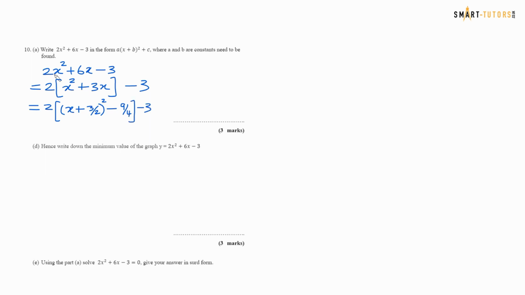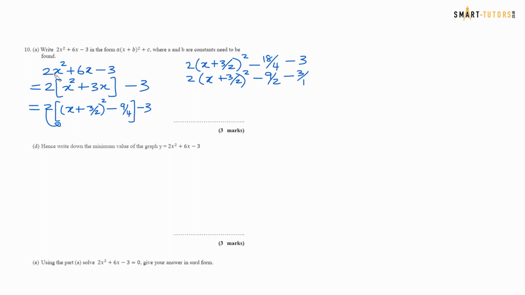Now I'm going to expand the entire square brackets by 2. So 2 is going to multiply the first small bracket, which is 2 times (x plus 3 over 2) whole thing squared, minus 2 times 9 is 18 over 4, minus 3. I'm going to simplify this one: 2(x plus 3 over 2)² minus 9 over 2 minus 3 upon 1.